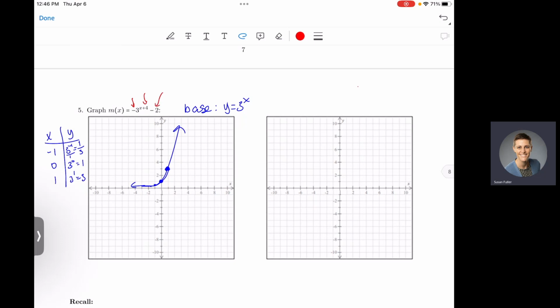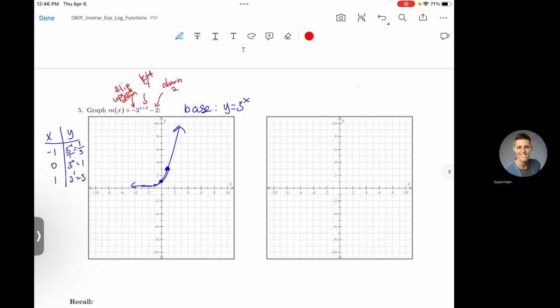The negative out front, that's going to flip us upside down. This +4 up here with x, that is going to shift us left 4 units. And this -2 outside over here, that's going to shift us down 2 units.